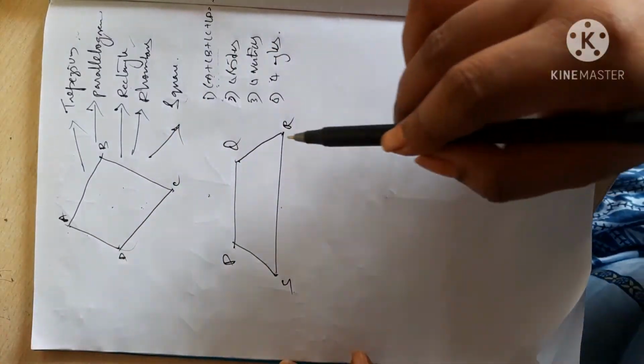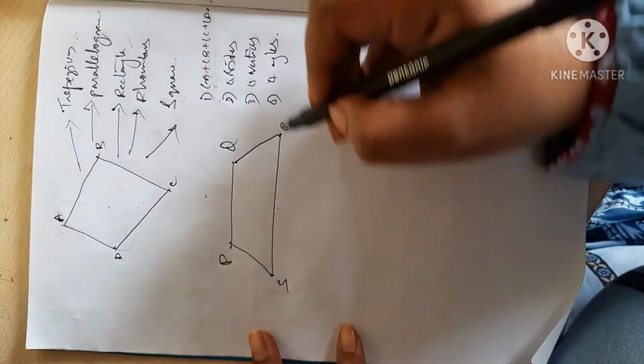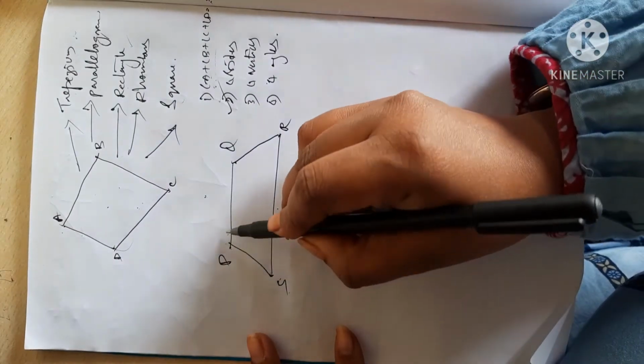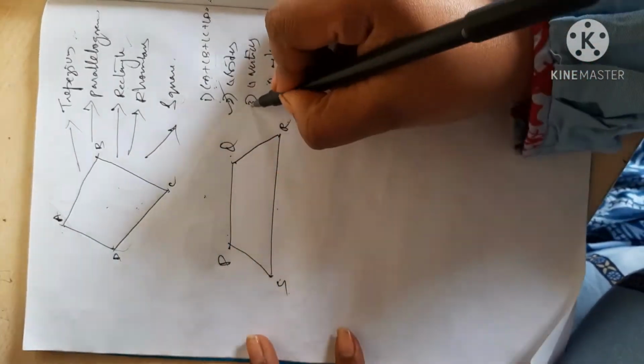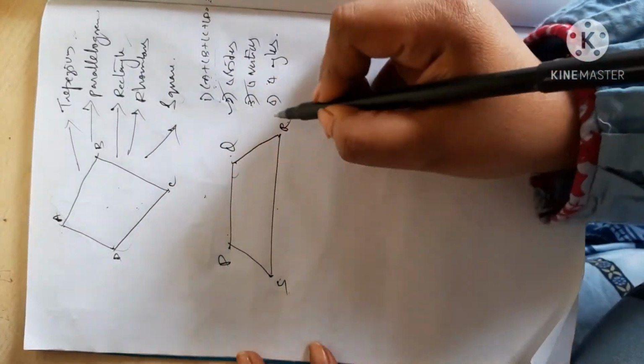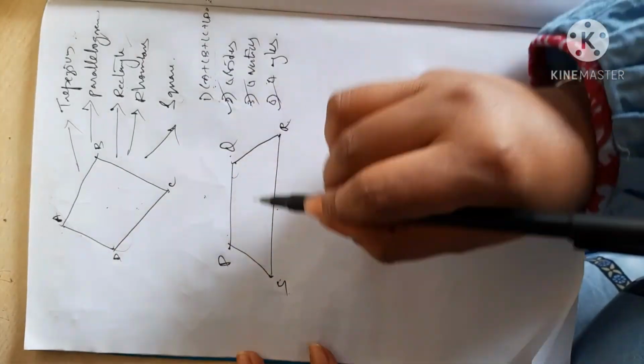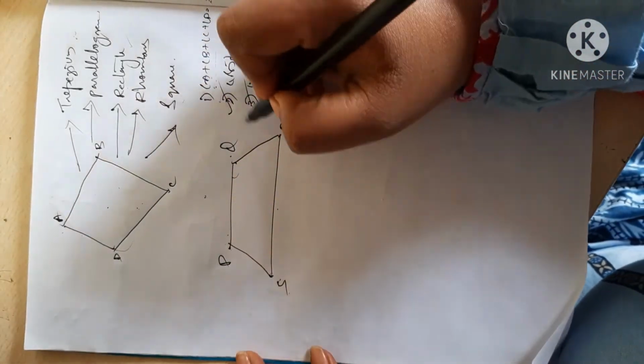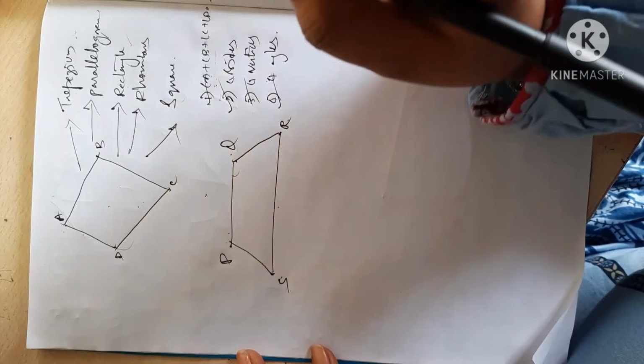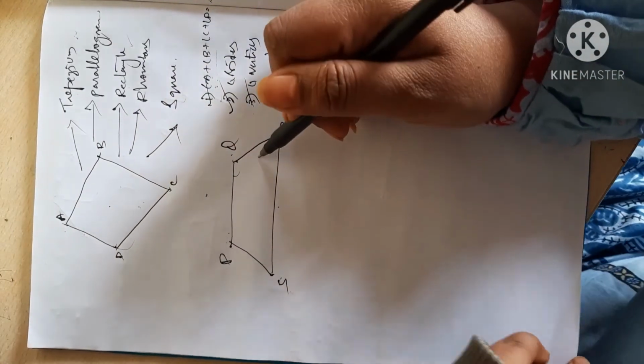Now let's check. Yes, 4 sides. Yes, 4 vertices P, Q, R, S. Yes, 4 angles, angle P, angle Q, angle R and angle S. Yes, and the sum of all these angles is equal to 360 degrees. So it is a quadrilateral.